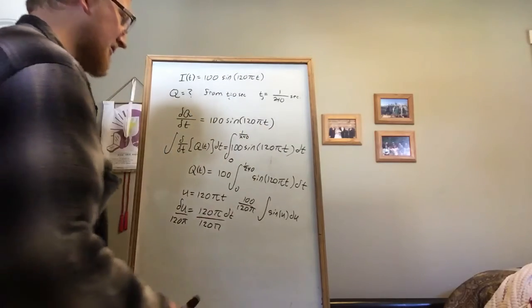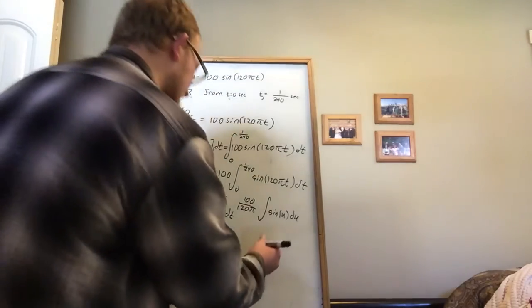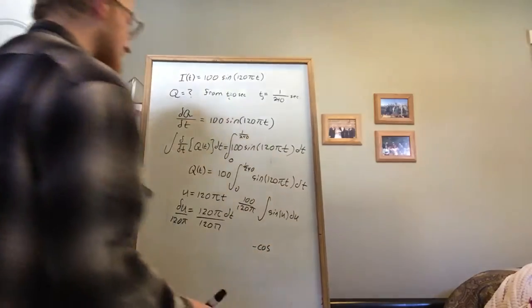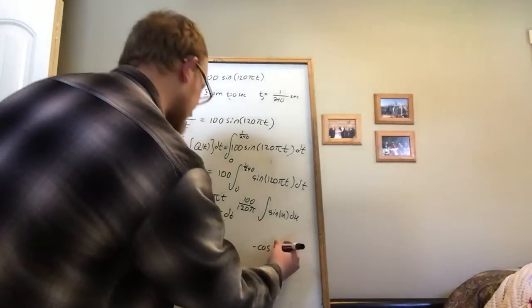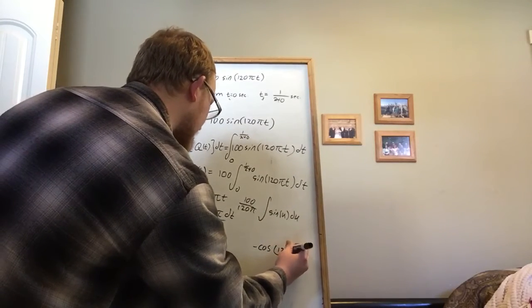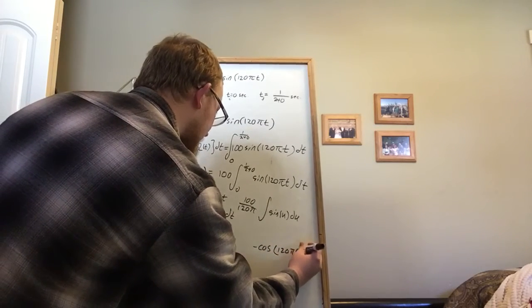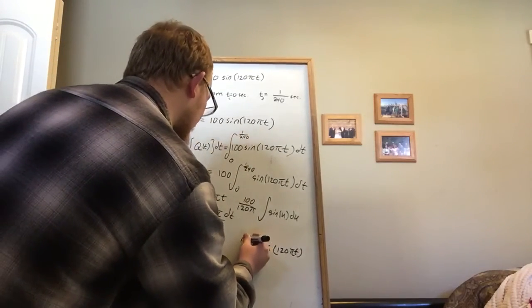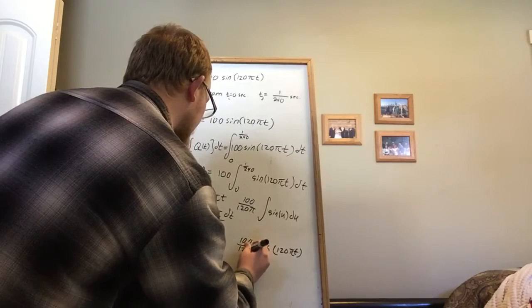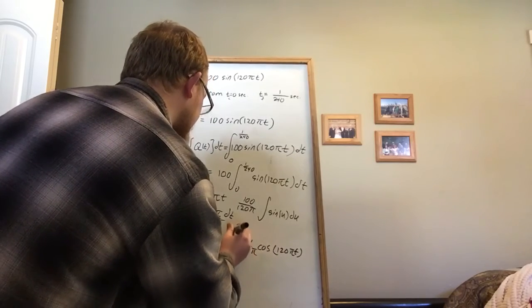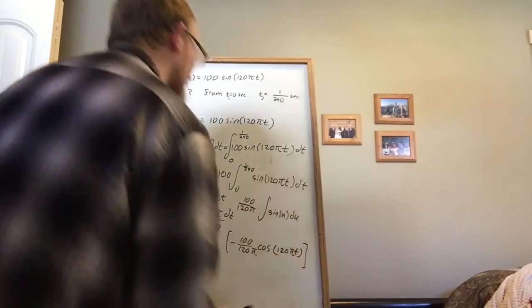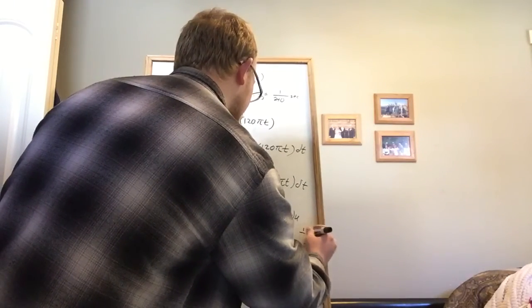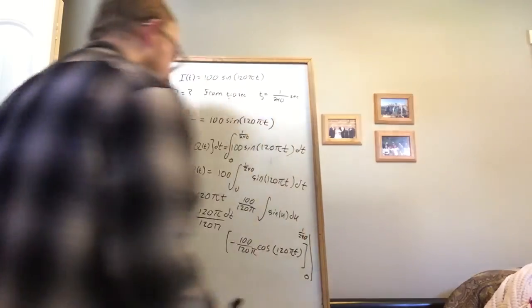The integral of sine of u is negative cosine of u, which we can then resubstitute, u is 120 pi t. And all this is multiplied by 100 over 120 pi. There's a minus sign out front, and we're evaluating it from 0 to 1/240th of a second.